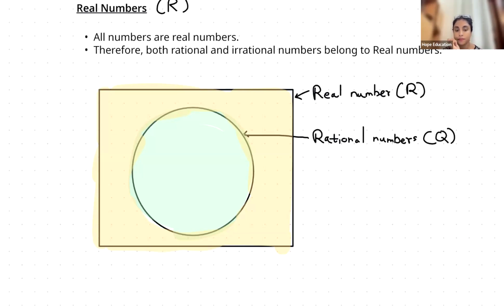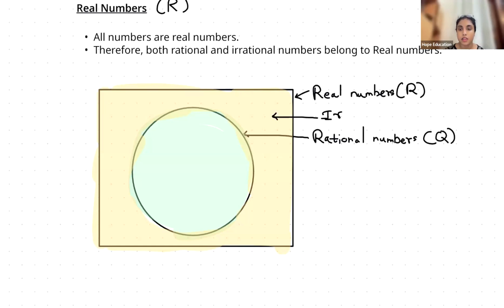Yes, Denuri? All numbers are real numbers, right? I told you all numbers are real numbers. So if a part of real numbers represents rational numbers, whatever doesn't belong in the rational numbers should be irrational numbers, right? Therefore, whatever is shown in yellow is actually irrational numbers. Correct.